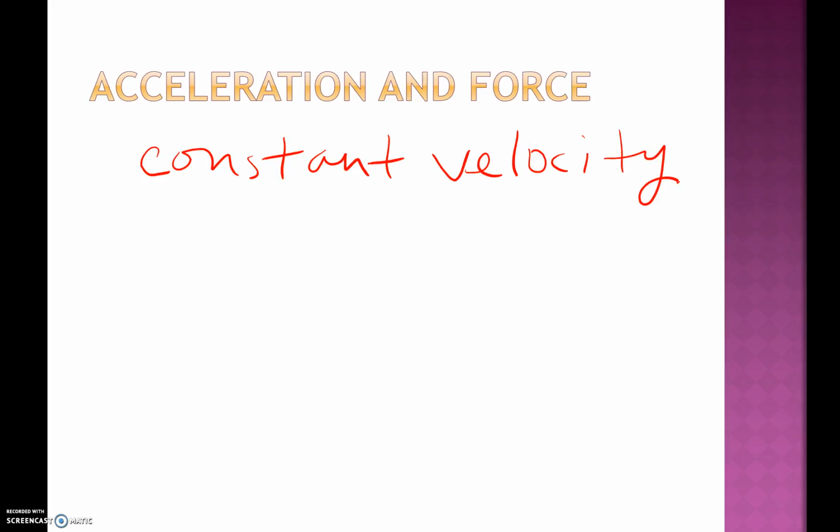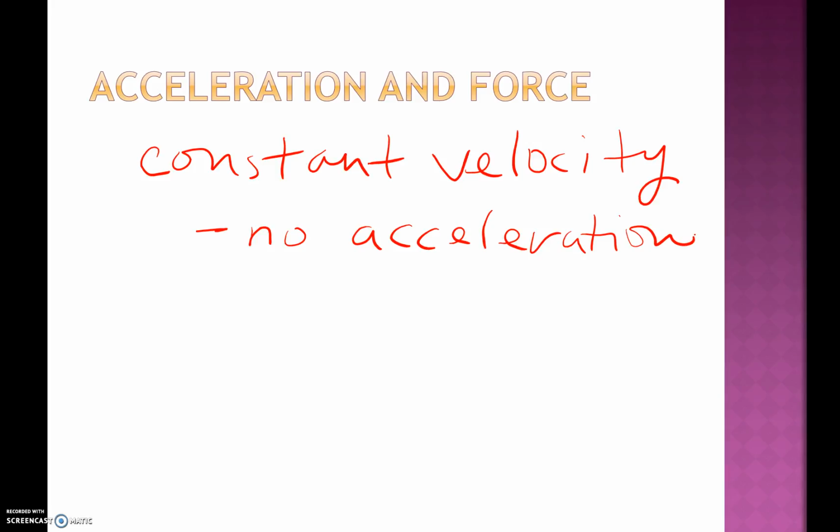And let's see, what does this really mean? Constant velocity means that there is no acceleration. Now, if there's no acceleration, that means that the acceleration is equal to 0.